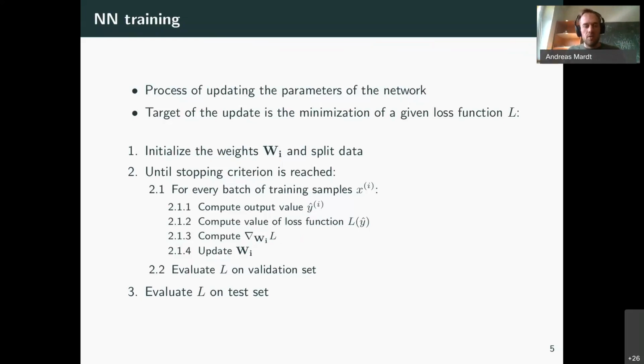This is important. And then we update our weights by these gradients, so that in principle our neural network should now perform better on this batch at least. We do this for all the batches, and then we have a whole run through our training set. Afterwards, we can, for example, evaluate on our validation set to get a feeling during training whether we start to overfit or not.